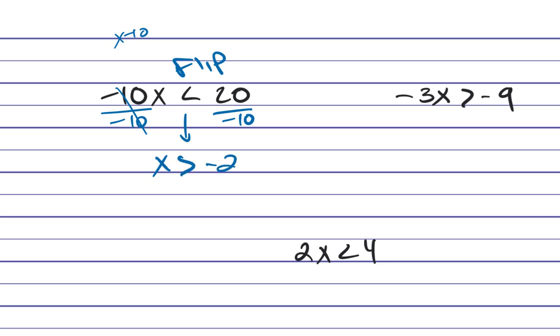So whenever you divide on your notes or on your work by a negative, I flip my inequality. I don't care if the number on the other side of the inequality is positive or negative. Here I am dividing by positive 2. Because I'm dividing by a positive, I don't care that the 4 is negative. I don't have to flip there. So that's the last thing I wanted to mention.